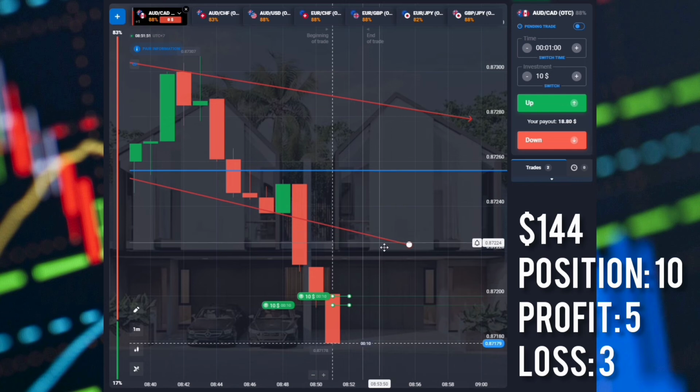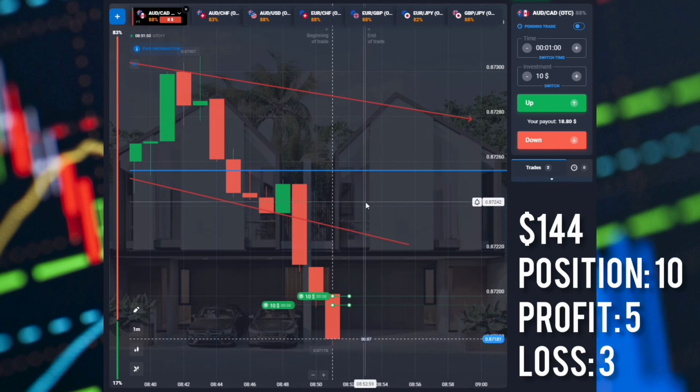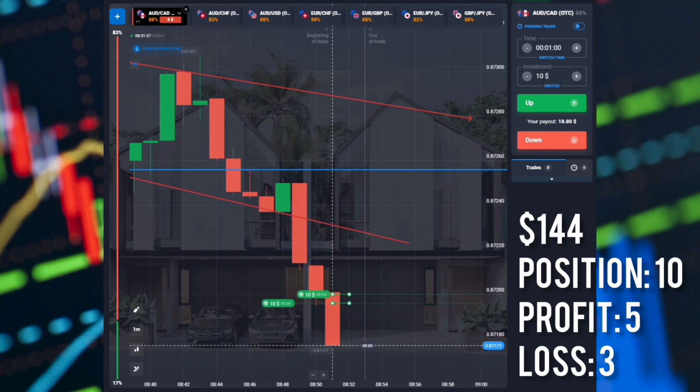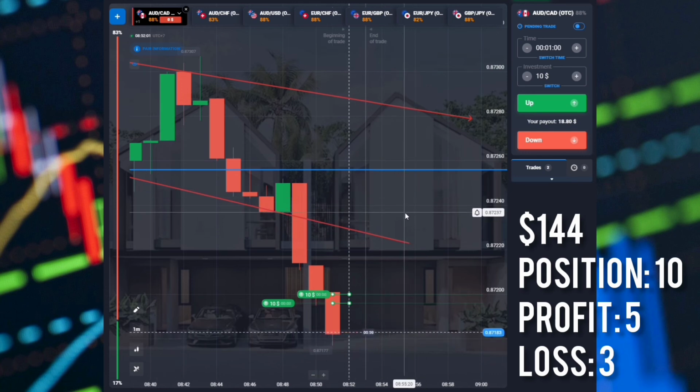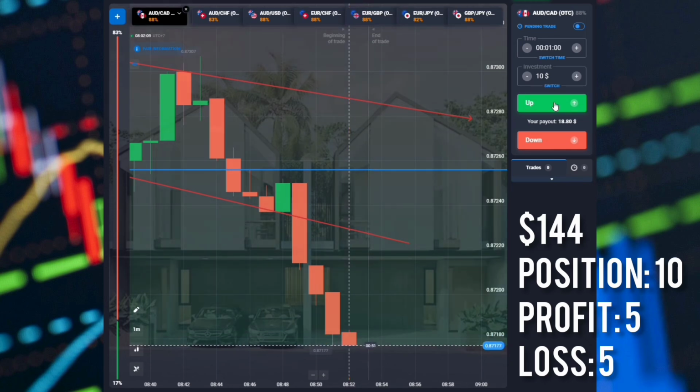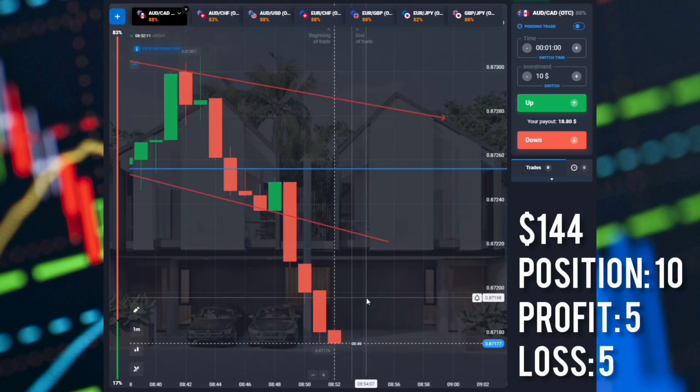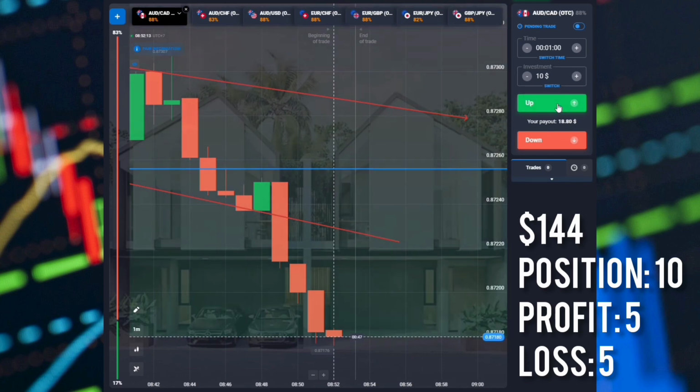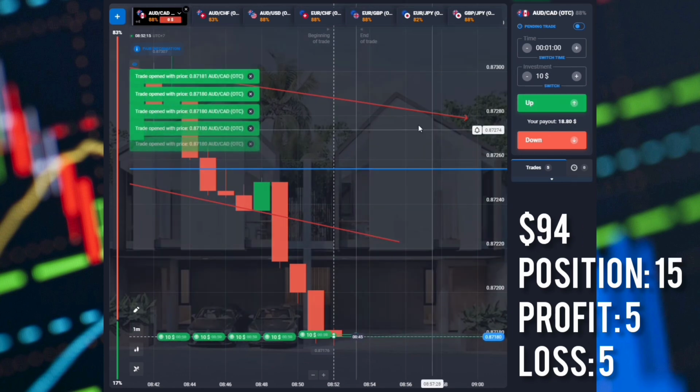This doesn't look too good. Okay, it keeps going down. Maybe this is different, but I see a chance here. Okay, there you go.